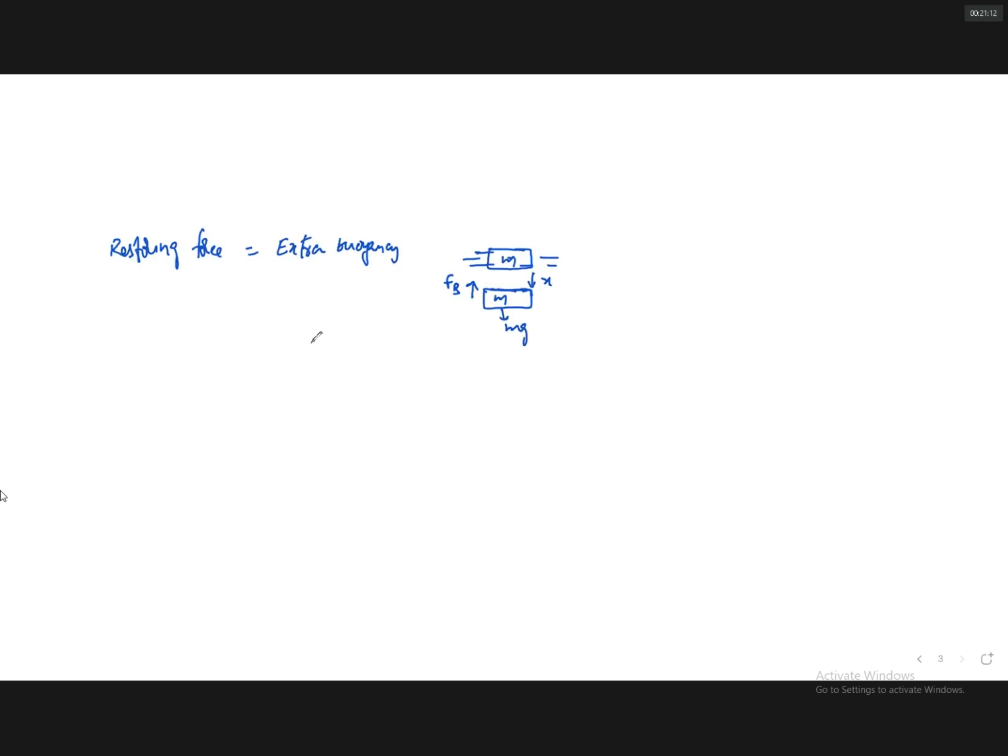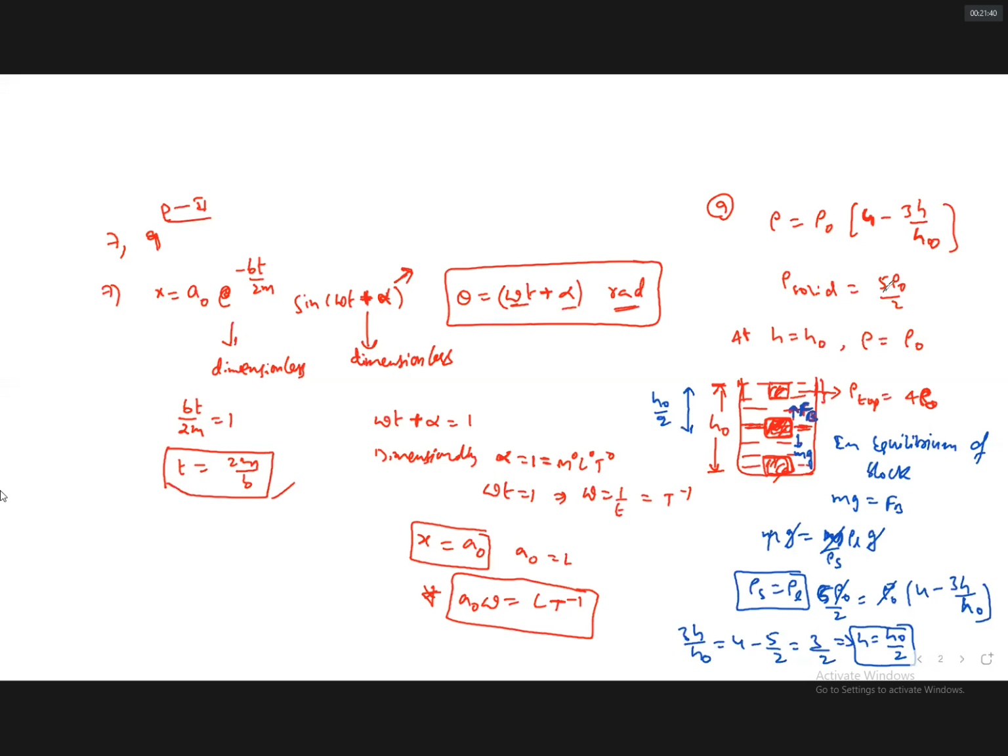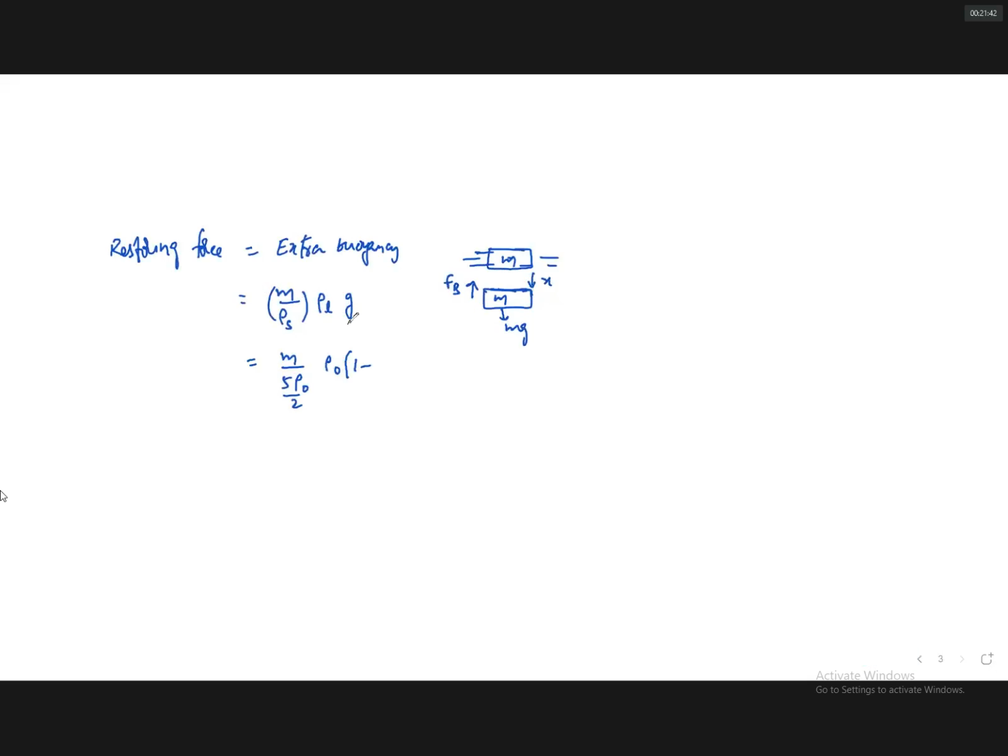Mg remains constant, and the extra buoyancy when it goes down by a distance x is volume, which is mass by density of the solid, into density of the liquid into g. Mass by density of the solid, we get 5 rho naught by 2. The density of the liquid varies as rho naught into 4 minus 3h by h naught.